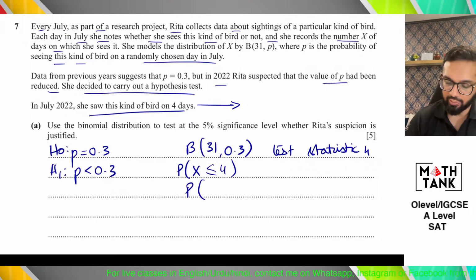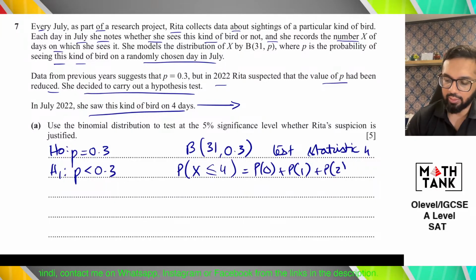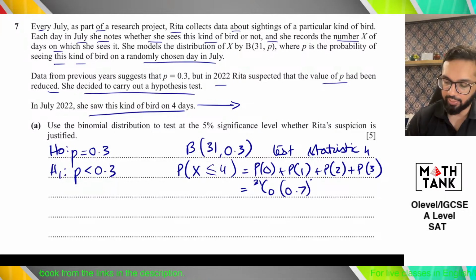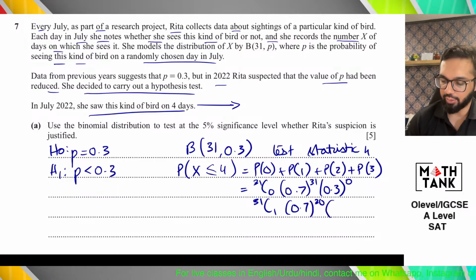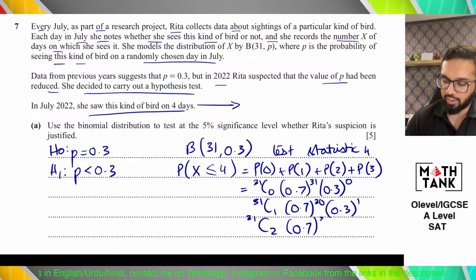Okay, so I'm going to calculate the probabilities of 0, 1, 2, and 3. This would be 31C0 0.7 power 31 0.3 power 0, 31C1 0.7 power 30 and 0.3 power 1, 31C2 0.7 power 29, and 0.3 power 2.